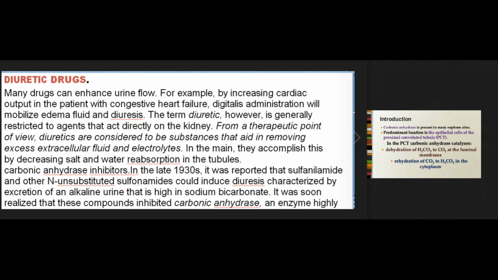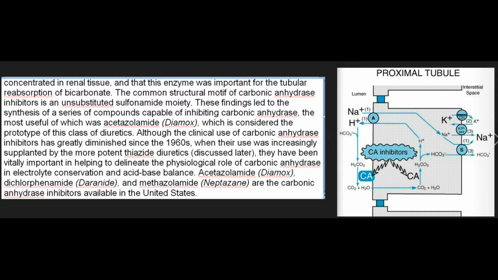Carbonic anhydrase inhibitors. In the late 1930s, it was reported that sulfanilamide and other N-unsubstituted sulfonamides could induce diuresis characterized by excretion of an alkaline urine that is high in sodium bicarbonate. It was soon realized that these compounds inhibited carbonic anhydrase, an enzyme highly concentrated in renal tissue, and that this enzyme was important for the tubular reabsorption of bicarbonate.